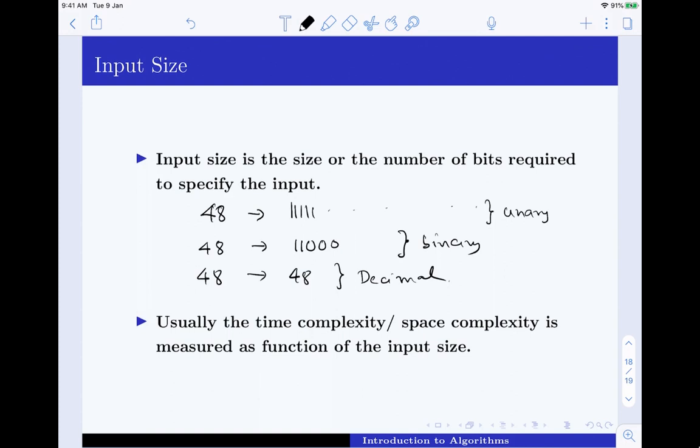So there are these various ways of presentation. When we try to understand how good our algorithm is, we look at the inputs and the input size. So for example, in the unary setting, the input size is 48. In the decimal setting, the input size is 2.